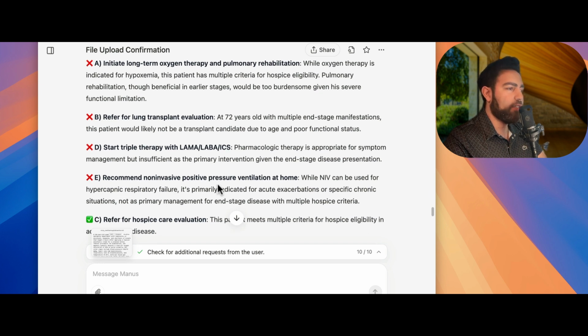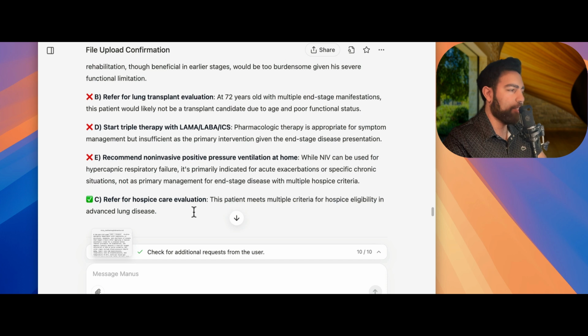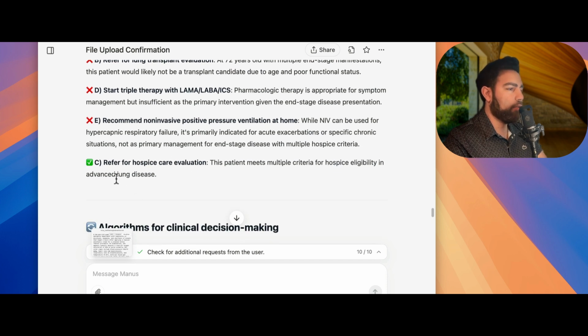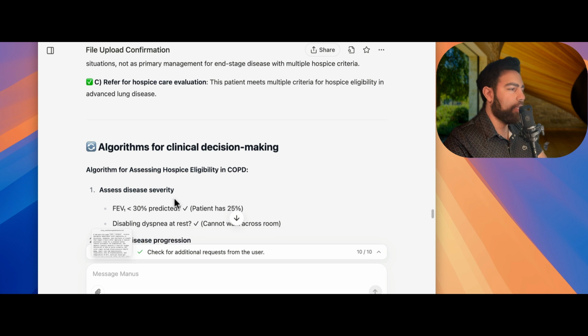Recommending non-invasive positive pressure ventilation: while NIV can be used for hypercapnic respiratory failure, it is primarily indicated for acute exacerbations or specific chronic situations, not primary management. So this is very important to realize at this stage. Hospice would be the best for this patient to make him comfortable.